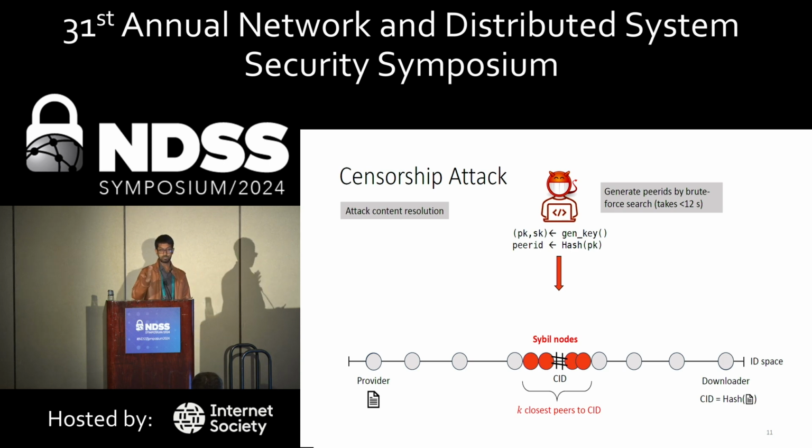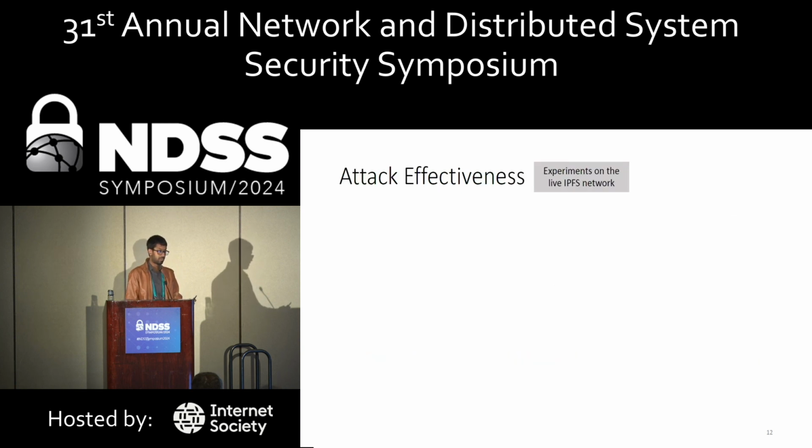This requires a brute force search, but it still completes in a very small amount of time, like 12 seconds. So it's an incredibly low-cost attack. I mentioned we performed this on the live IPFS network, and so we have some experiment results from that.